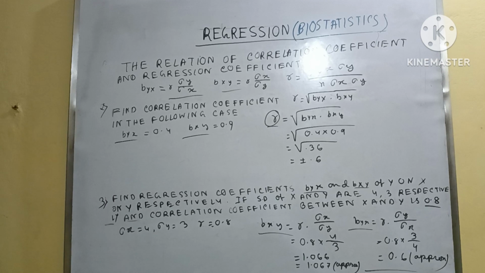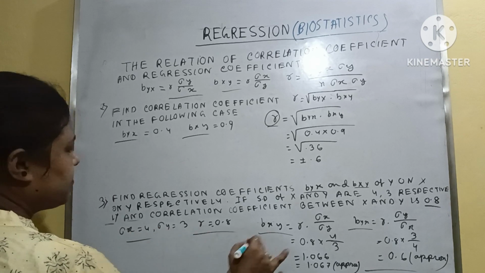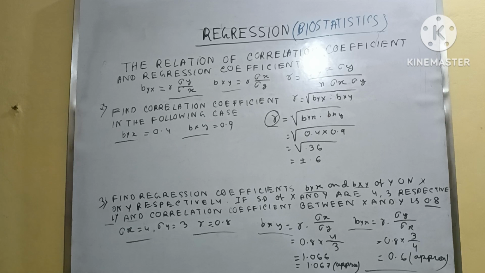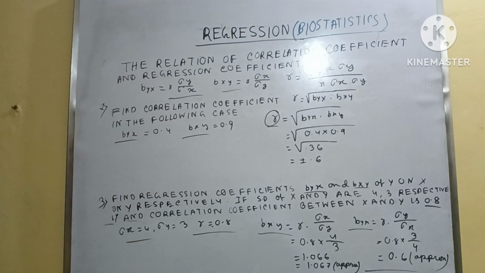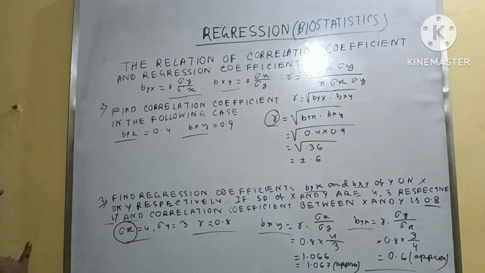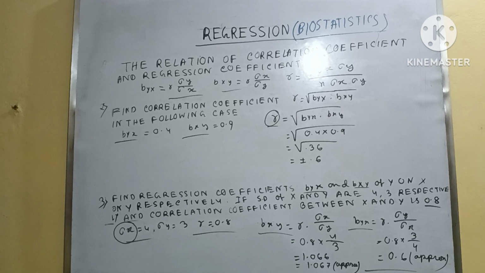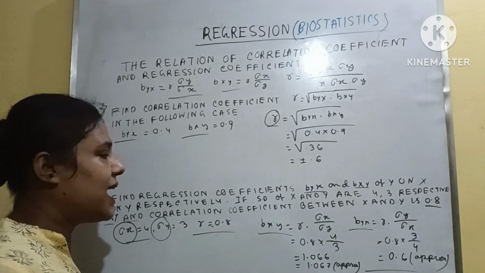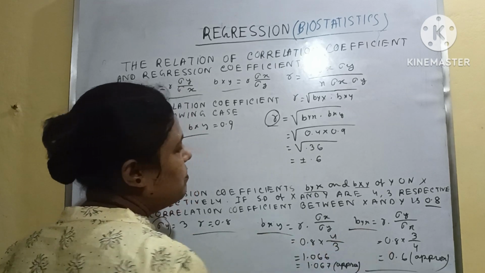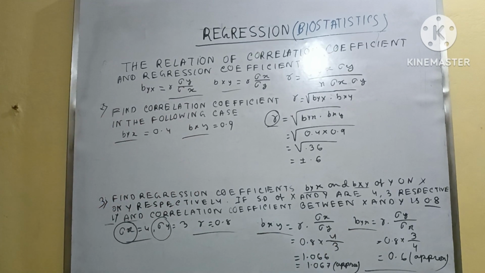These are the actual process by which it is possible to calculate the bxy value and byx value. If the sigma x, sigma y, standard deviations, and the r value are present, it is very easy to calculate the bxy value and byx value.